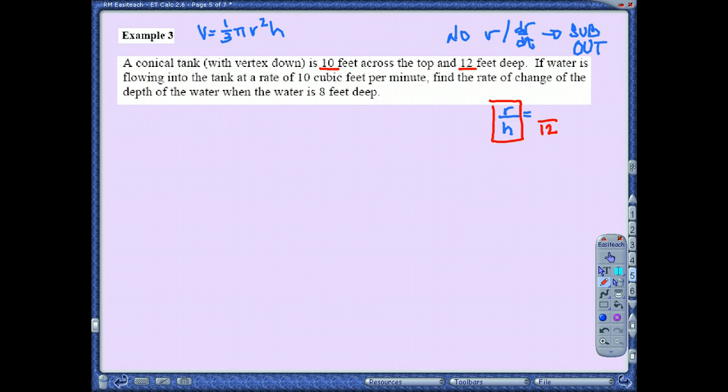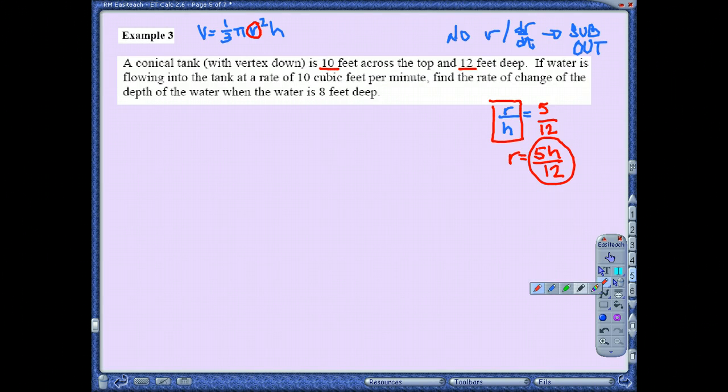The radius, however, is not 10. 10 would be the diameter, so the radius is 5. If I want to sub that radius out, that means I need to solve for the radius, which means R is going to equal 5h over 12. Okay, so this is what we're going to substitute in right here.